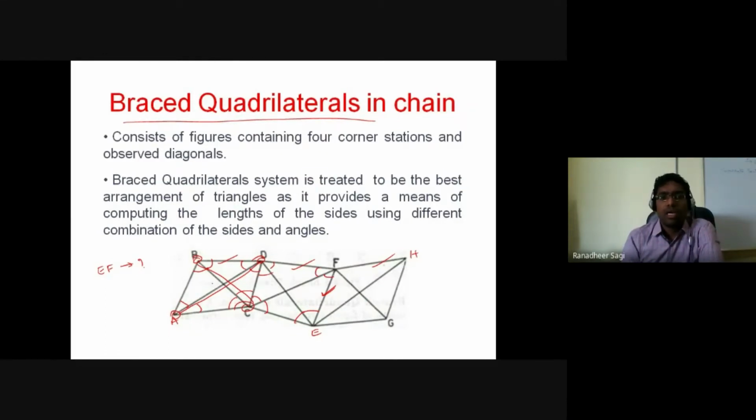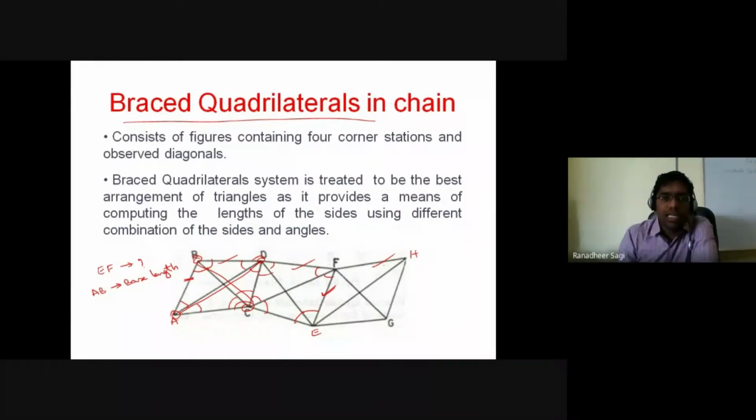Now, let's say AB length is known, which I am calling the base length. So the length of the member AB is known to me accurately, and all the other internal angles between different members in that braced quadrilateral are known to me.